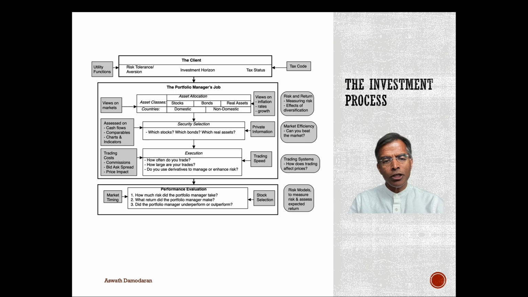I'm looking to see whether the choices you made, with all the work you put in and the cost, actually paid off as higher returns. That performance evaluation, I'm judging you both on your market timing skills, your asset allocation work, as well as your stock selection skills. Asset allocation, security selection, execution, followed up by performance evaluation.